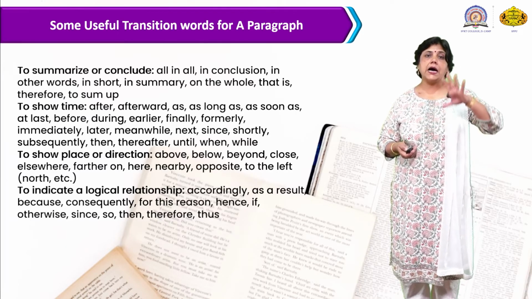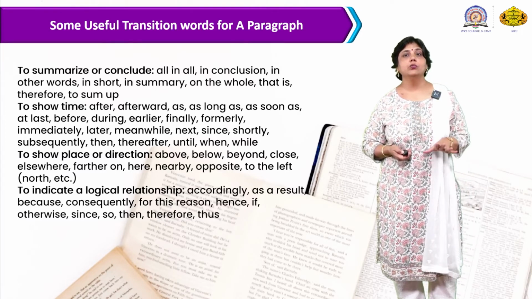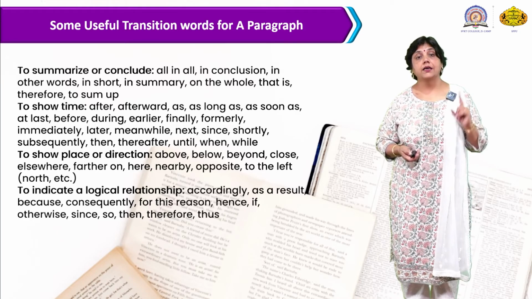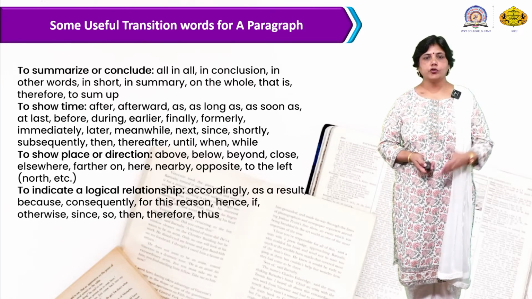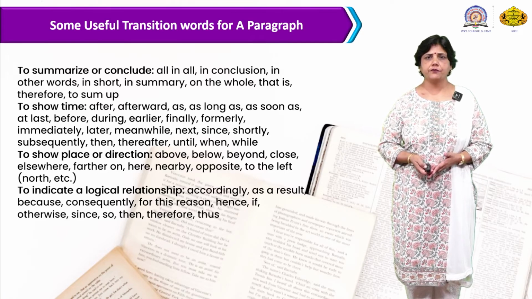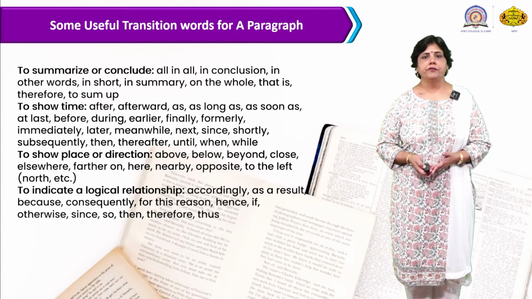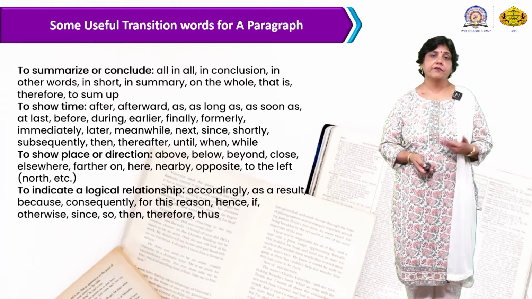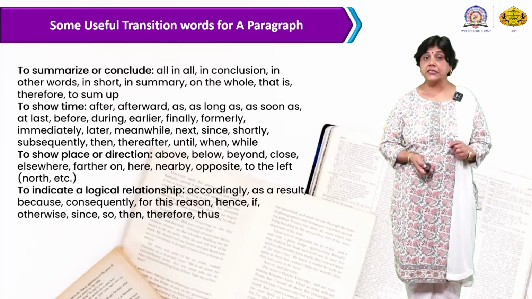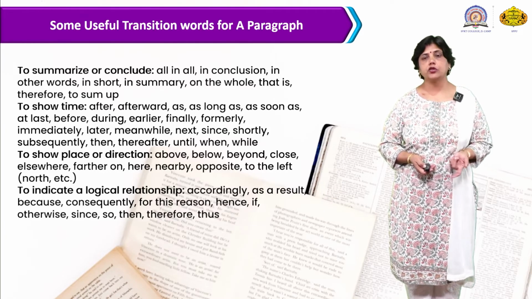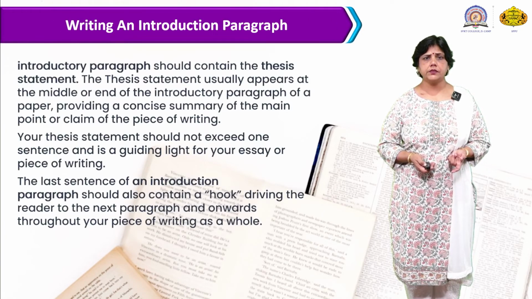So these are the transition words which you can use while writing a paragraph. These are useful transition words for a paragraph which you must remember, because when we write a paragraph, we need such words to create cohesiveness and to support the topic sentence.